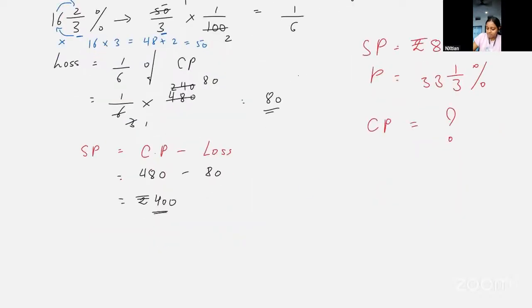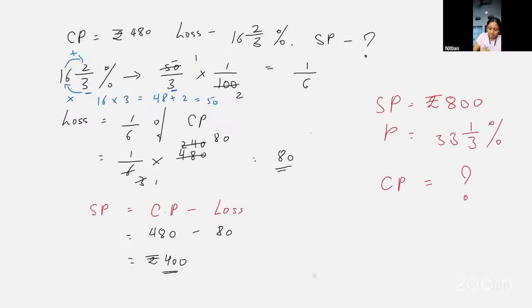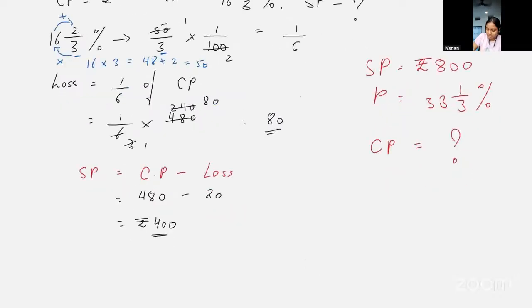Now see, Johanna, 50 by 3 is in the form of percent only. First we had 16 2 by 3%. Then we had to convert it into improper fraction. 16 into 3, 48. 48 plus 2, 50 upon 3. Now 50 upon 3 is still percent.